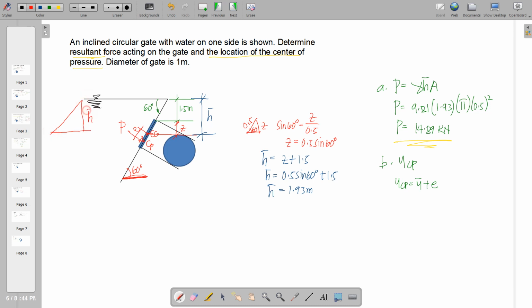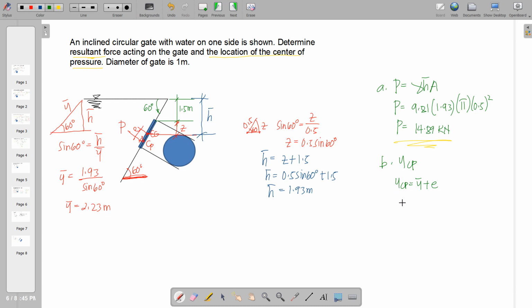This is H bar and this is Y bar, and this is 60 degrees. Hence, again, we can use the sine function. Sine 60 is equal to H bar all over Y bar. So therefore, Y bar is equal to H bar, which is 1.93, all over sine of 60 degrees. So therefore, Y bar will be equal to 2.23 meters.